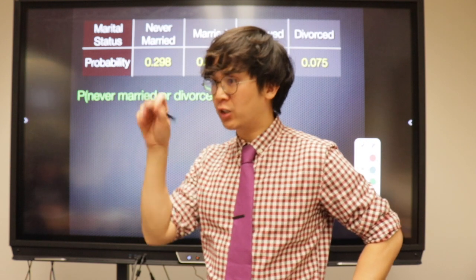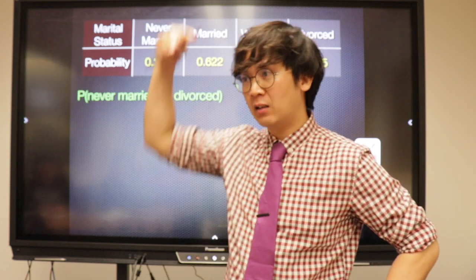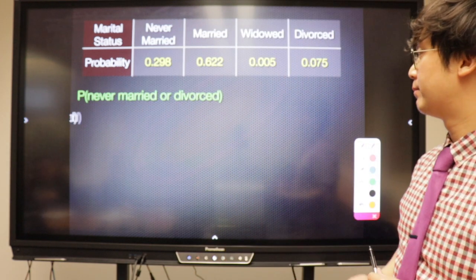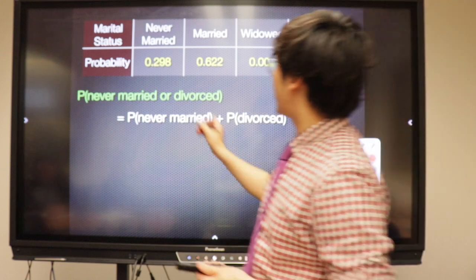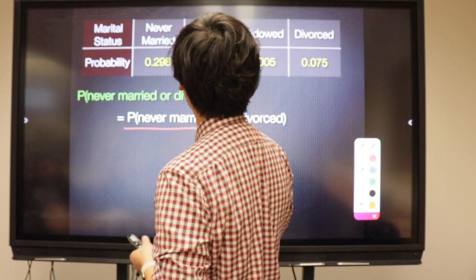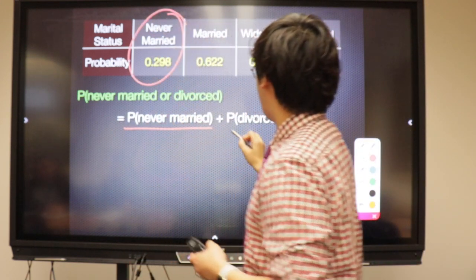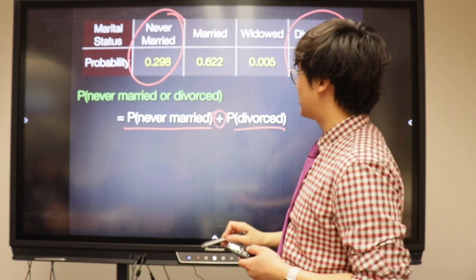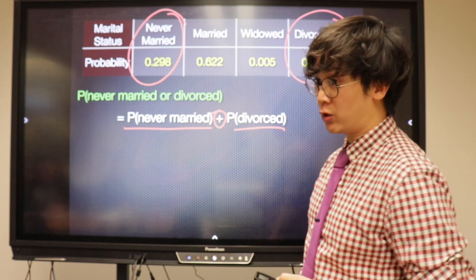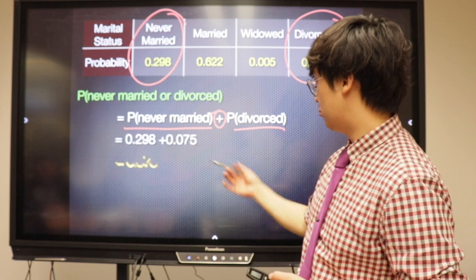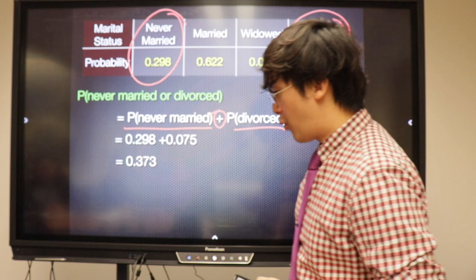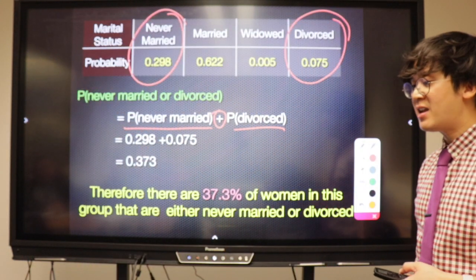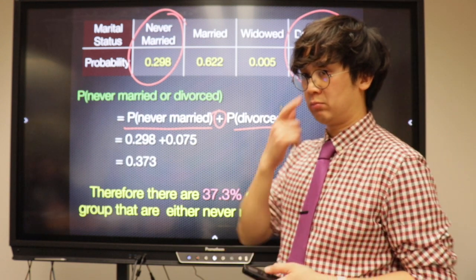Or is union, letter U; intersection is and. Right, what's the answer? 0.373. So basically, you're going to be working on the probability of never married, which is this one, and add it to the probability of a woman that is divorced, and then you add them up, and that is the answer to your probability question. So therefore, 37.3% of women in the group are either never married or divorced.